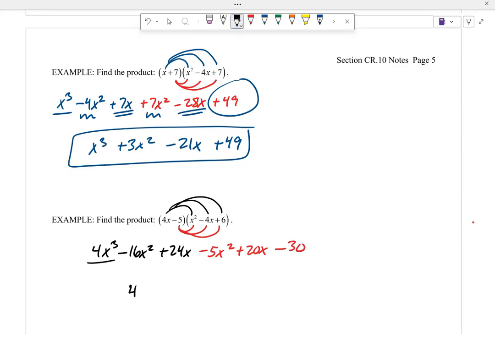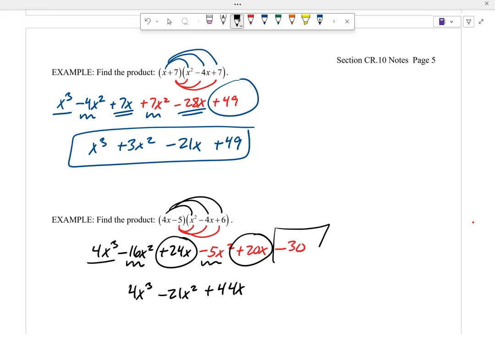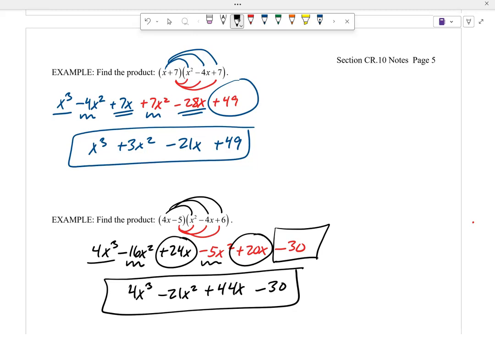Looks like that's the only cubic. I have negative 16 minus 5 is a negative 21x squared. I got 24 plus 20 is 44x. And then looks like that constant's also a loner there at the end. So we end up with 4x cubed minus 21x squared plus 44x minus 30.